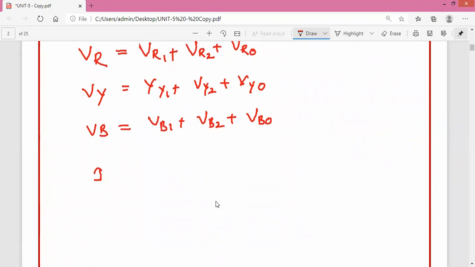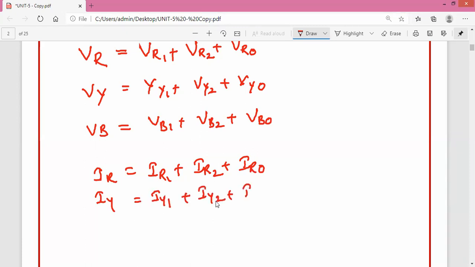Similarly, you can write the current representation like IR1, IR2, and IR0. Similarly, for Y phase, IY1 plus IY2 plus IY0. Similarly, for B phase, IB1 plus IB2 plus IB0.